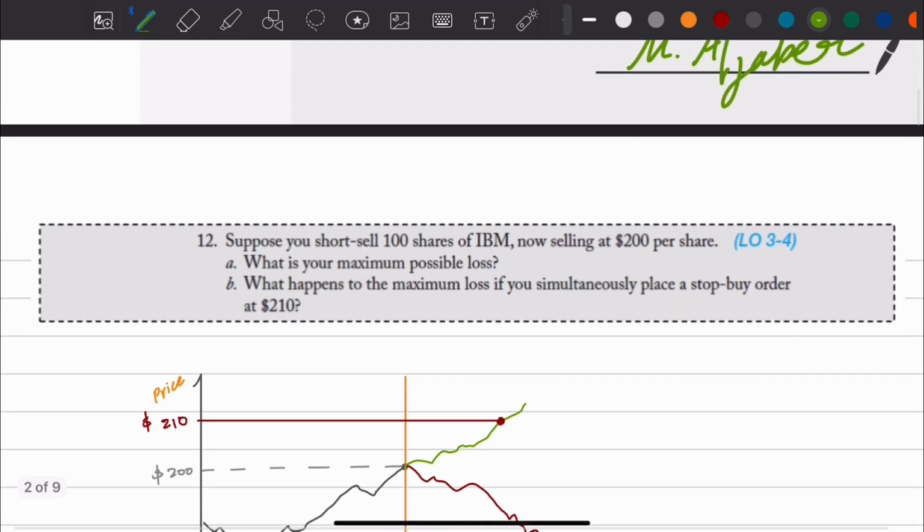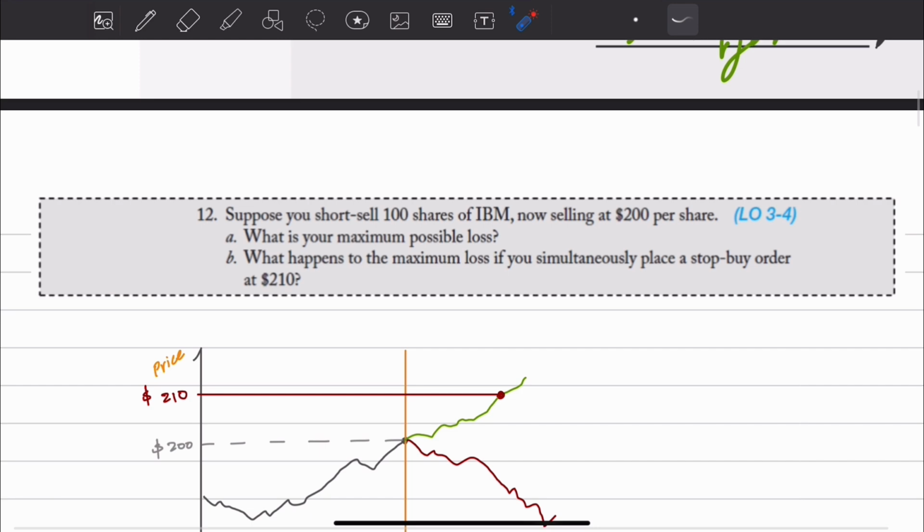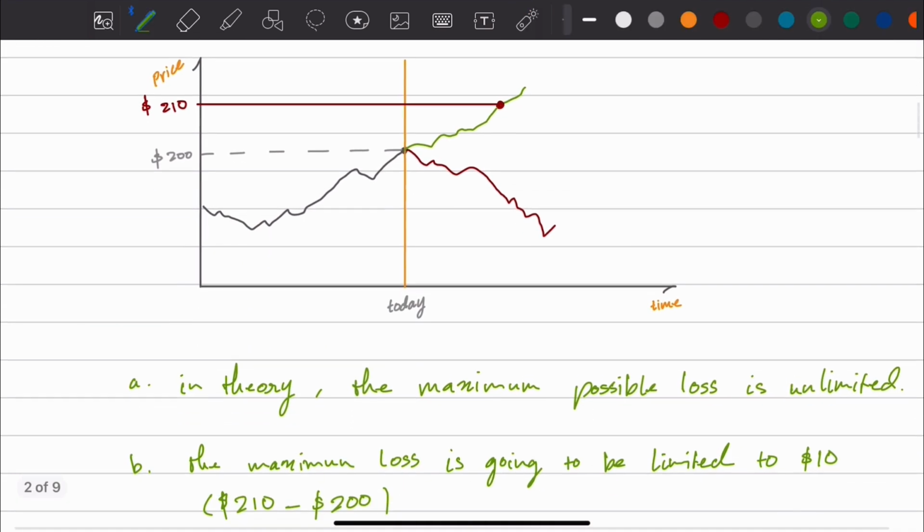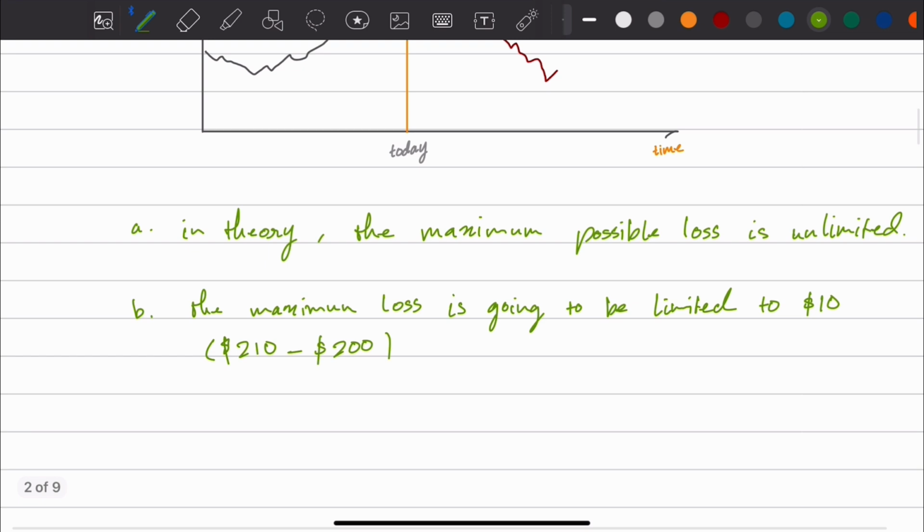However, remember, we have short sold 100 shares. So that $10 loss is going to be multiplied or magnified by a factor of 100 because we have short sold 100 shares. So the $10 loss multiplied by 100 shares.